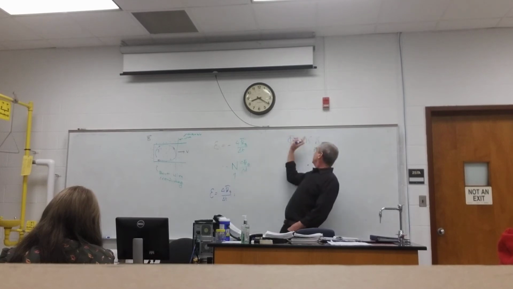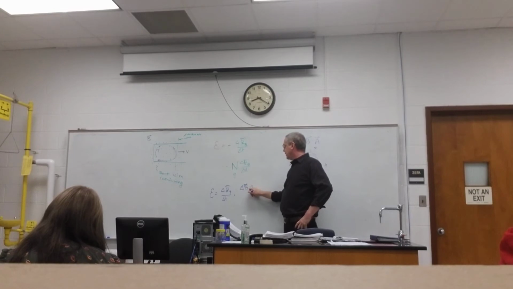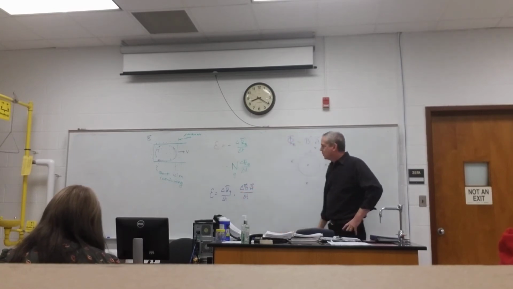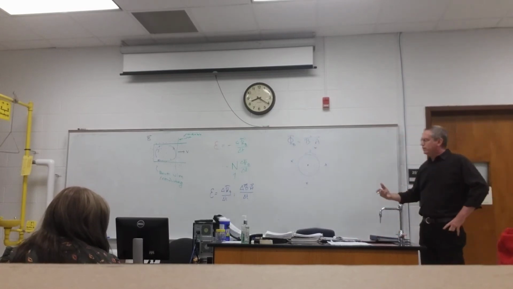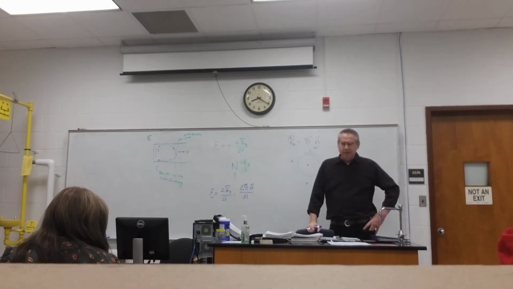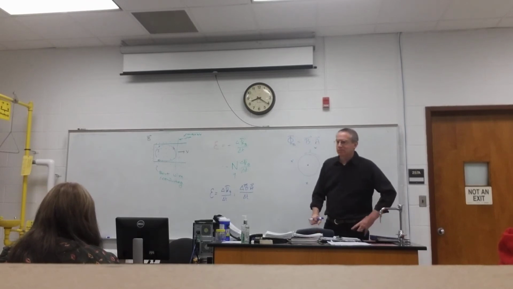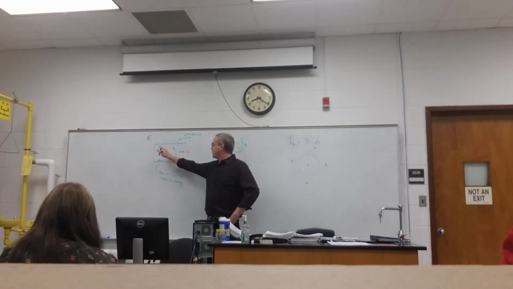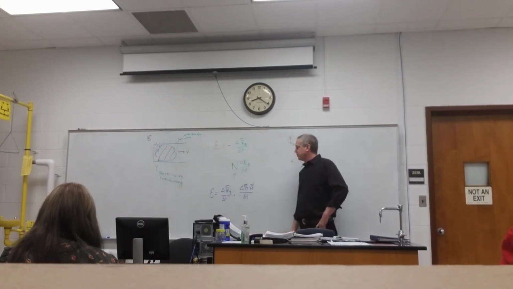And magnetic flux is B dot A. So I have the change in B dot A. Now, in my scenario, I have my magnetic field. Actually, what is the direction of my area vector? This way, that way. Yes. Because this is my area right here. Area vector is perpendicular to it.